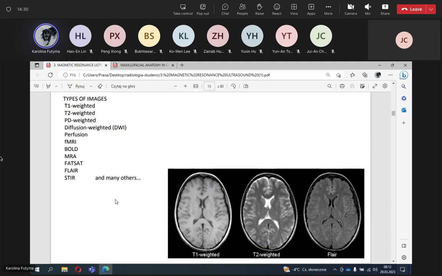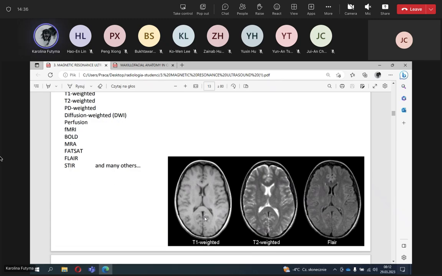So you don't have to remember all of those names, I hope. Here we have the differences between T1 weighted and T2 weighted. As you can see, the fluid is one of the parts that can differentiate those images.